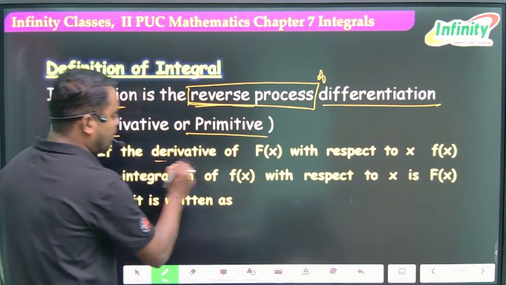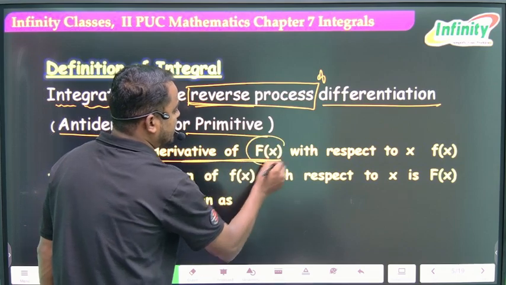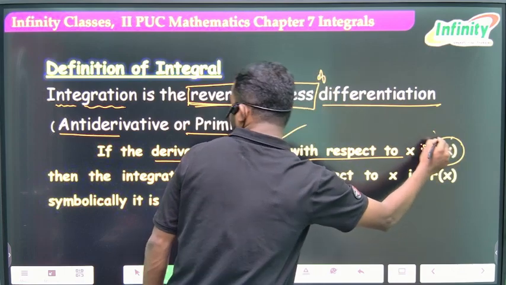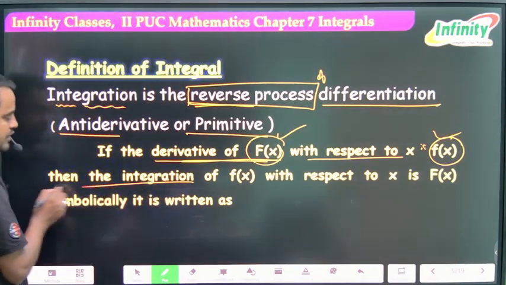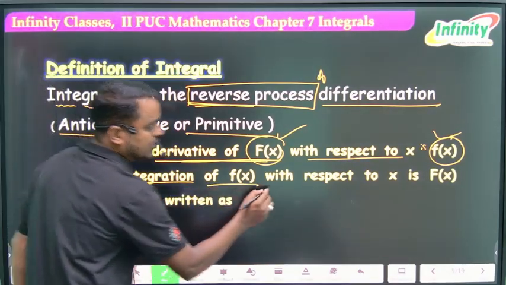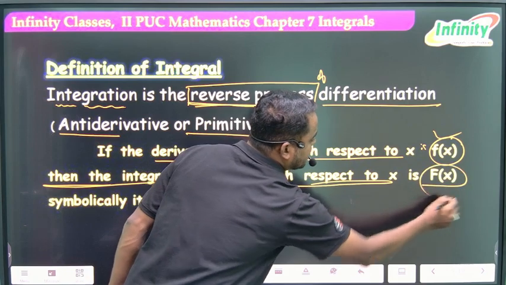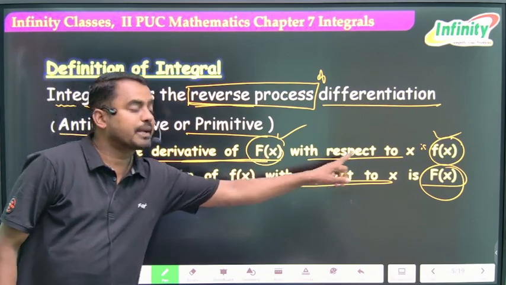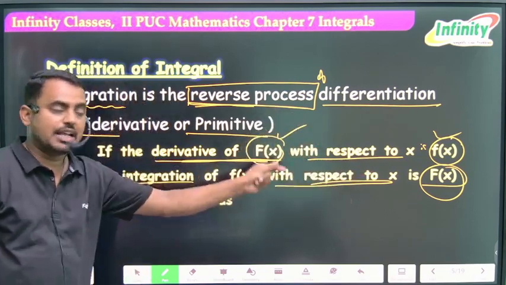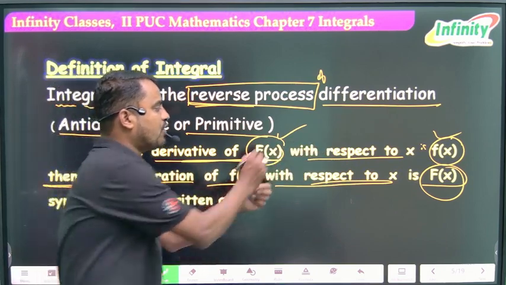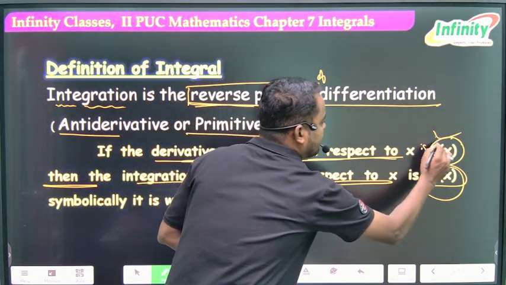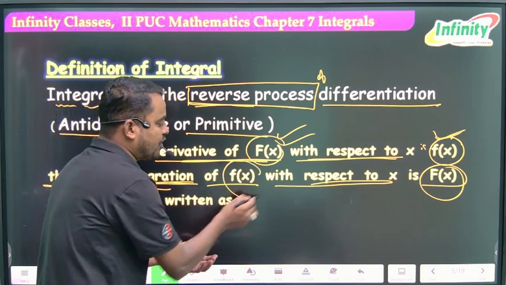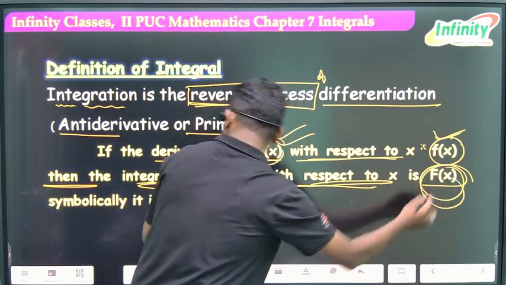If the derivative of F of x with respect to x is f of x, then the integration of f of x with respect to x is capital F of x.